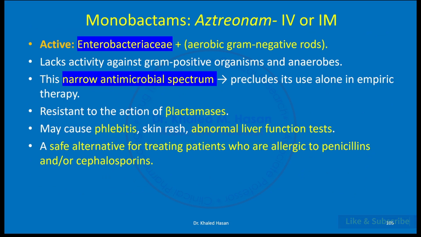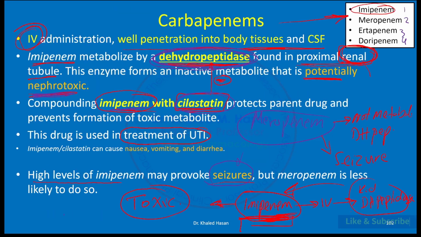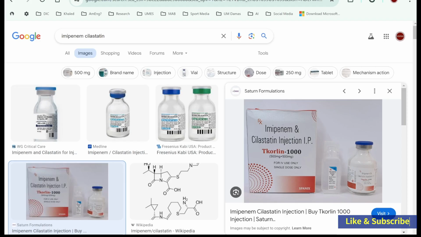Okay, so we're done with that first group of medication. We have carbapenems: four medications, imipenem, meropenem, ertapenem, and doripenem. As you can see here, we have imipenem and cilastatin injection, the combination of imipenem and cilastatin.